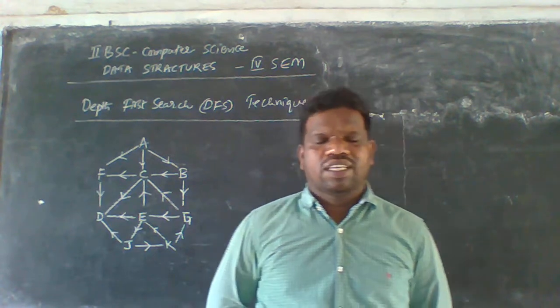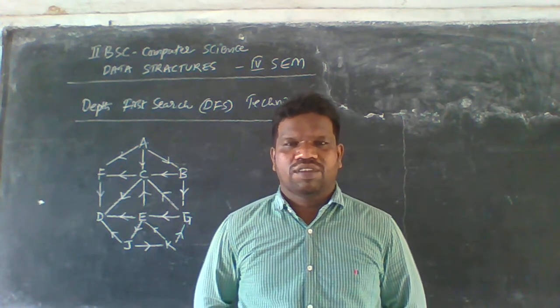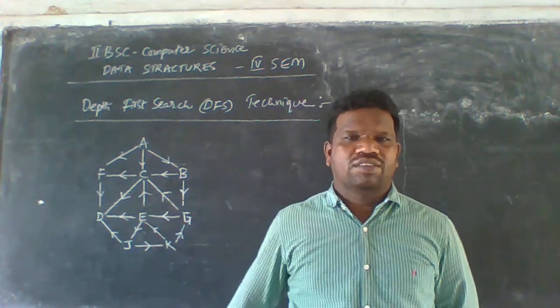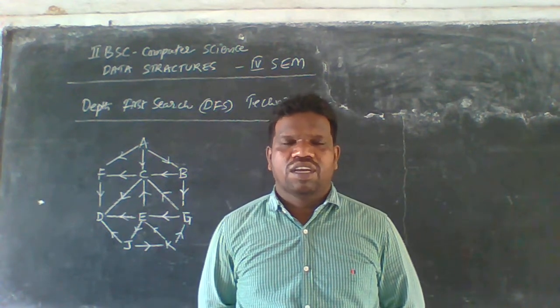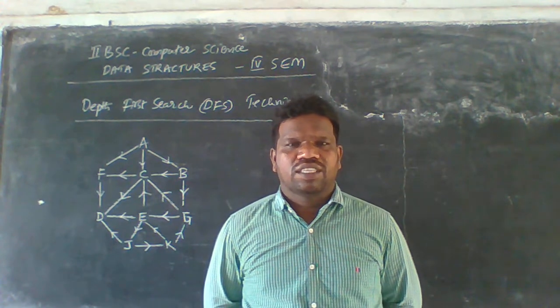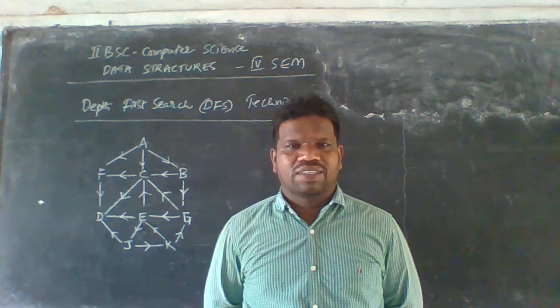That is called graph traversing. So in this scenario, for example, I'm going to take this graph. In this graph, I'm going to visit each and every node only once. That is what we call graph traversing techniques.